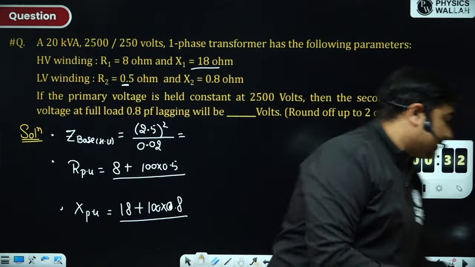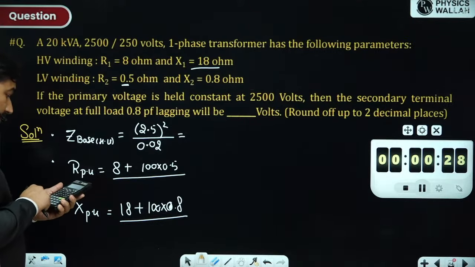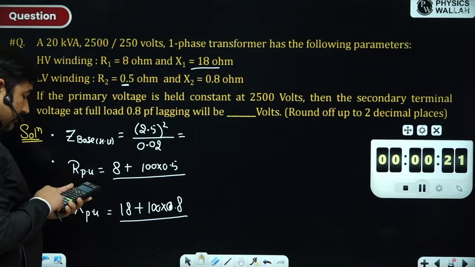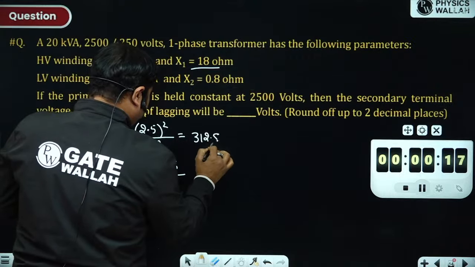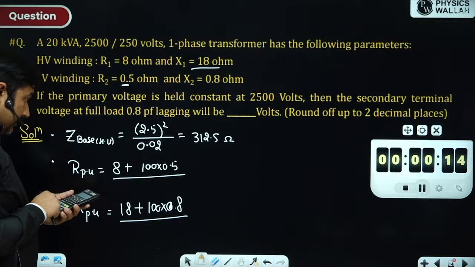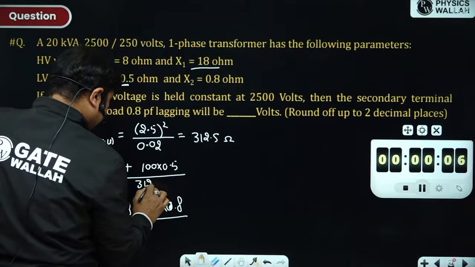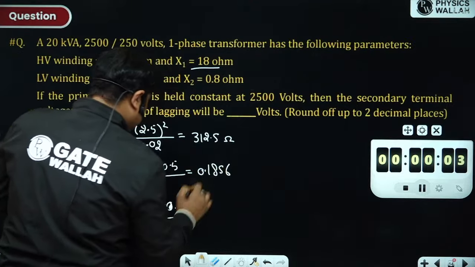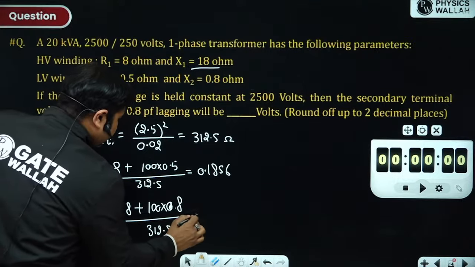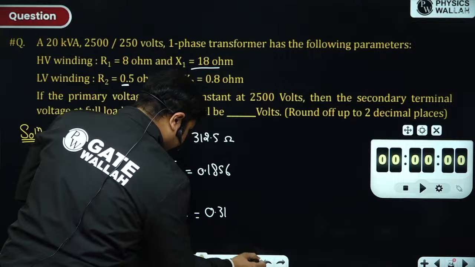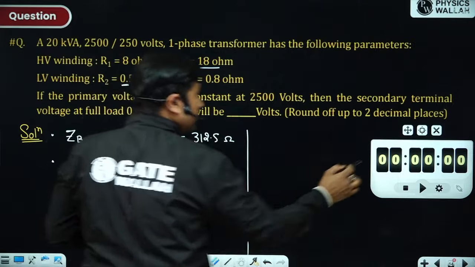Now we can calculate Z base: 2.5 square upon 0.02 is 312.5 ohm. Then (8 plus 100 into 0.5) divided by 312.5 gives 0.156, and (18 plus 100 into 0.8) divided by 312.5 gives 0.3136.